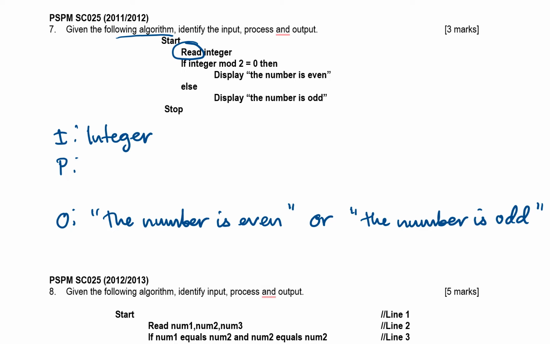And how about the process? How to write the process for a selection control structure? You start with determine. So what are you going to determine?